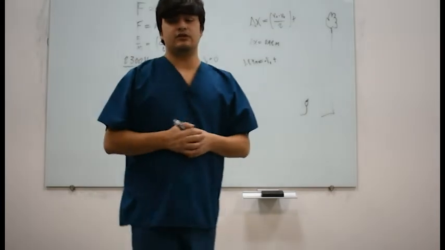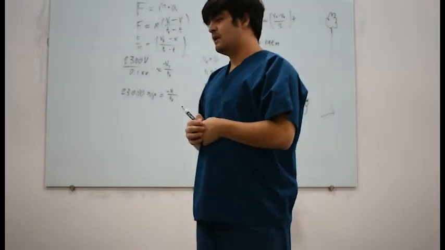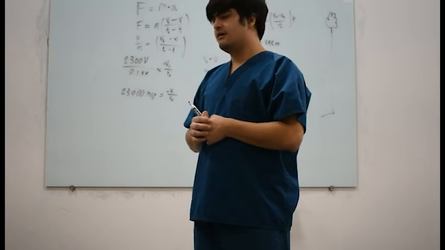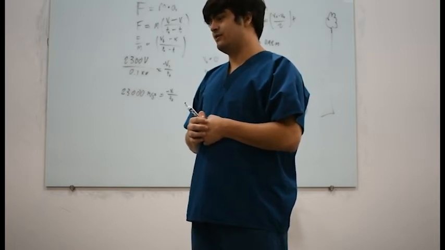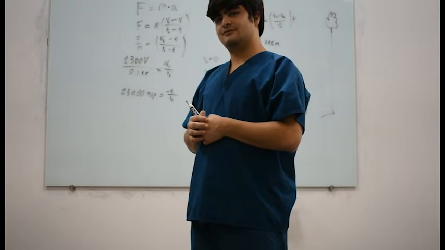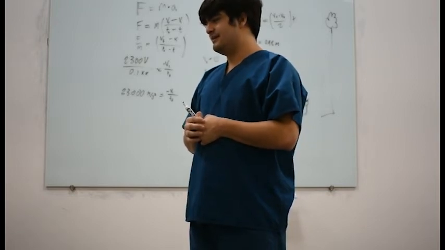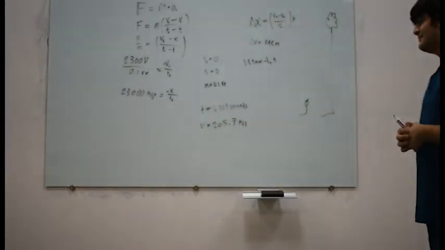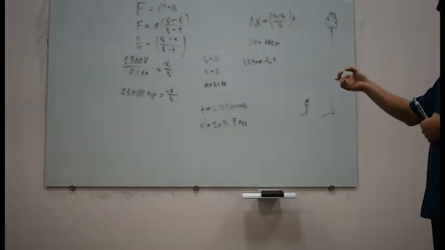So, what have we learned from this? You're either going to need a super thrower for this, because the world record for the fastest throw is 46.9 meters per second. This is over 4 times that.